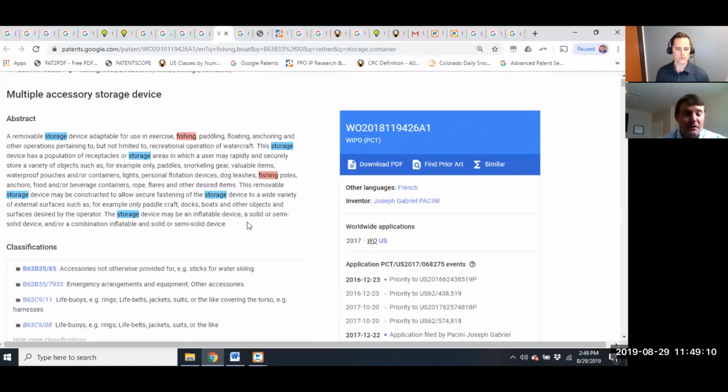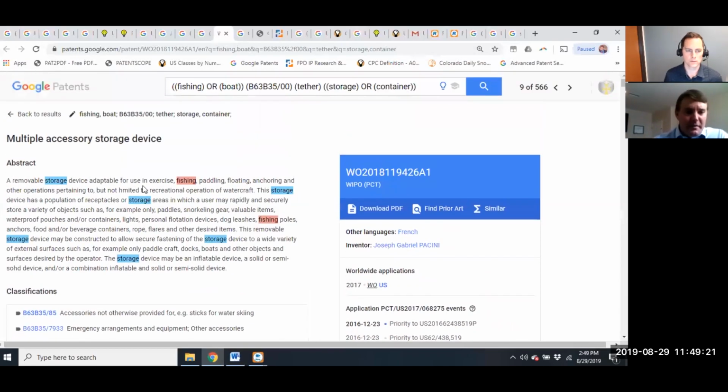Sometimes a good indication that you've done a good search is when you find a few good references doing this meandering, random shotgun keyword approach. Then when you narrow down a few of your classes, you go and look in the class, and of the 15 that I narrowed it down to, say 6 of them, you're like, oh, I recognize that number and inventor.